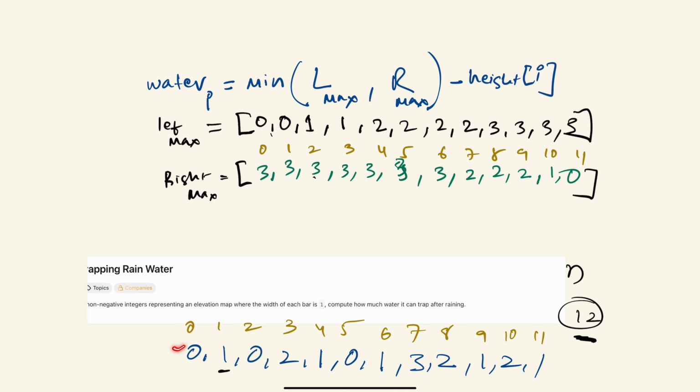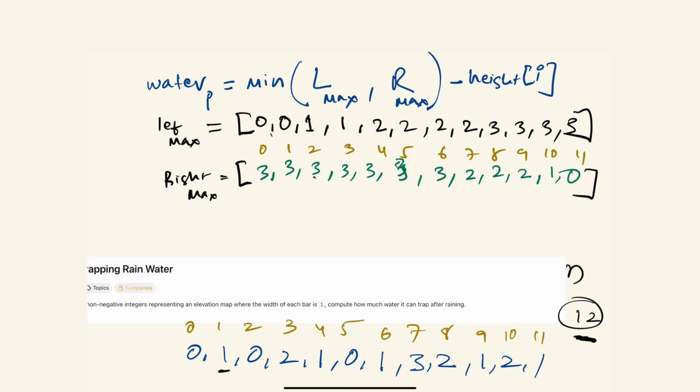Subtract the height of this one, then store the amount of water. In the same way, go for this one. I know the value of left max, no need to calculate repeatedly for every index. I have predefined data in the left max and right max. Substitute these values and find the minimum of these values. Subtract from the respective index.